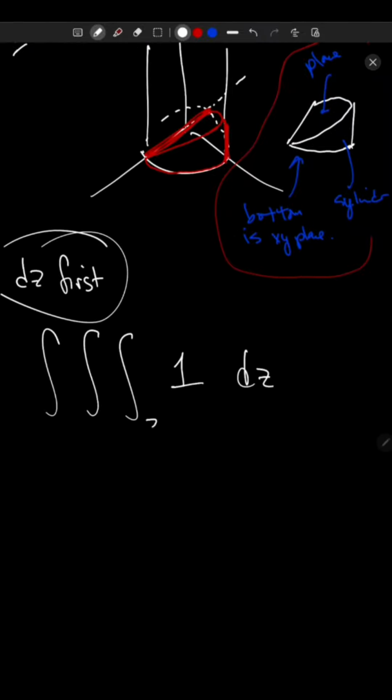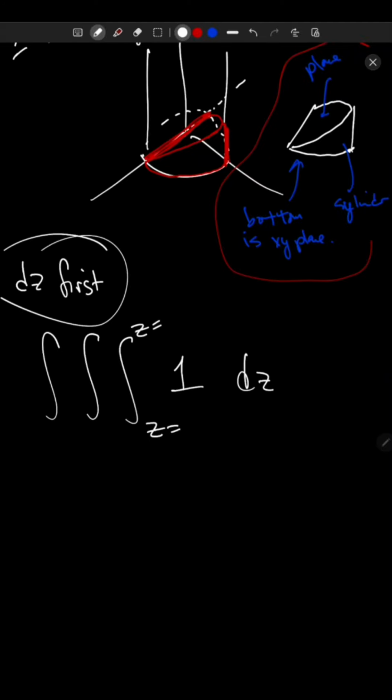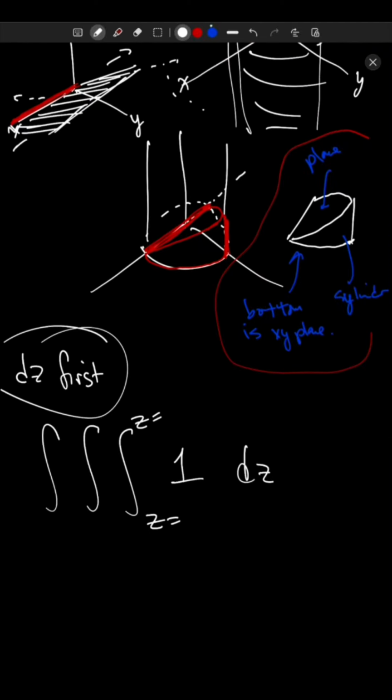We're integrating z first, so z equals something to z equals something. If we look at our picture up here, integrating with respect to z means vertical lines, parallel to the z-axis, represent the dz integral. Each of these vertical lines starts from the ground and goes all the way up until we hit the plane.